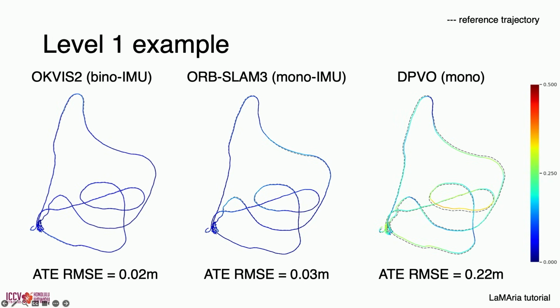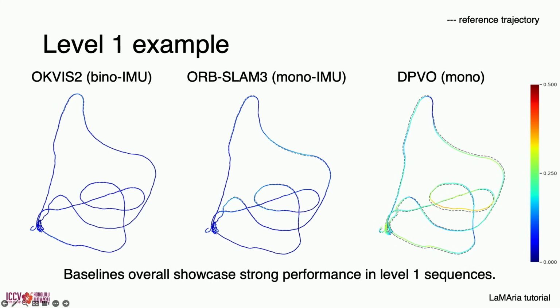But as you can see, the errors are particularly low in this set of sequences. Our main takeaway was that these baselines overall showcase extremely strong performance in these level 1 sequences. We've cherry-picked some examples here. There are the baselines which I described in the systems of interest. All of them have numbers in our paper, so anyone who's interested can check those as well.